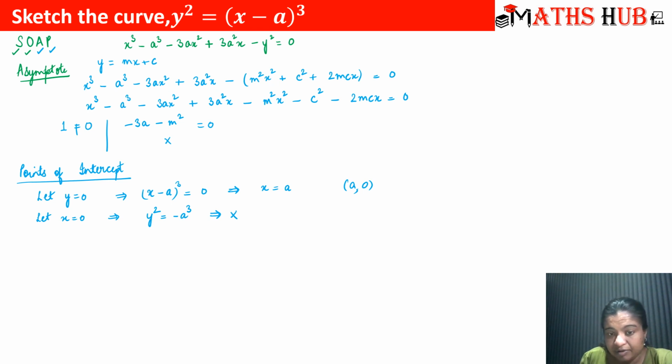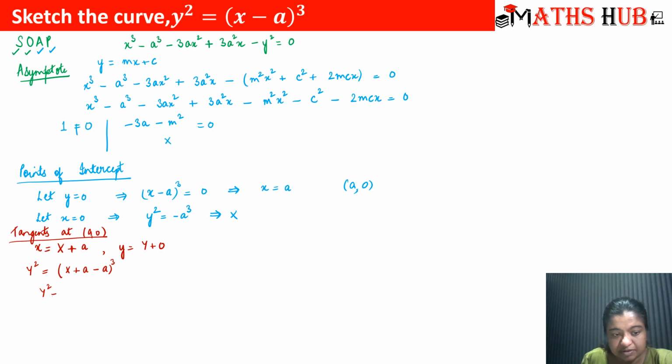Now let us talk about tangents at this point. So for that we can shift the origin to this point. So let us put x is equal to x plus a, and let us put y is equal to y plus 0, right? Let's calculate tangents at a comma 0, right? So the curve becomes y square is equal to x plus a minus a cubed.